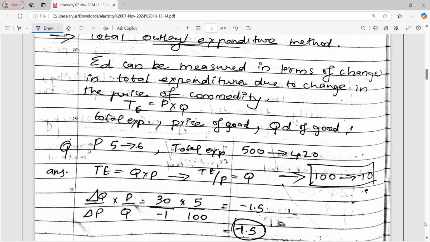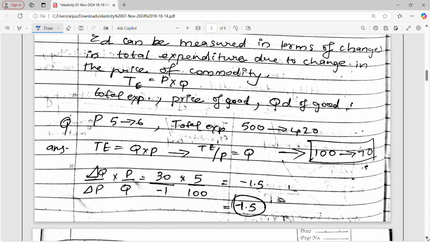So let's see how it helps here. It is given that the price has increased from P is 5 to P1 is 6, and the total expenditure has decreased, that is changed from 500 to 420. That is decreased.